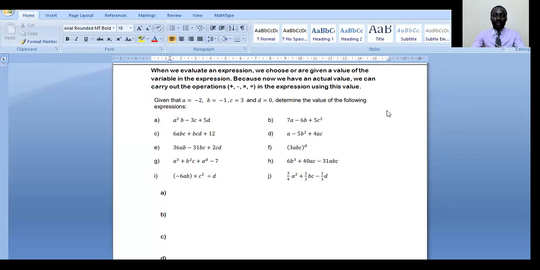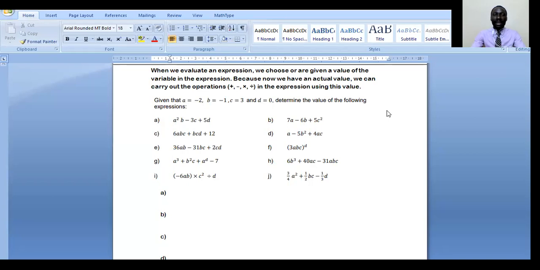This expression is giving us the description of how this calculation must be done. How do we then do the calculation actually? How do we carry out that calculation? That is what we would like to see, as I will be sharing with you right here on the screen some few questions that are going to guide us through this discussion of evaluation of algebraic expressions.